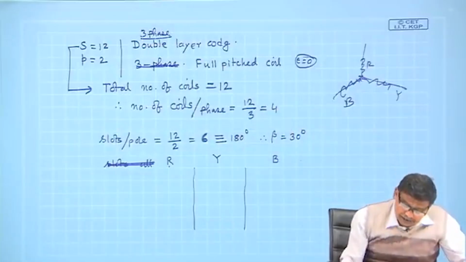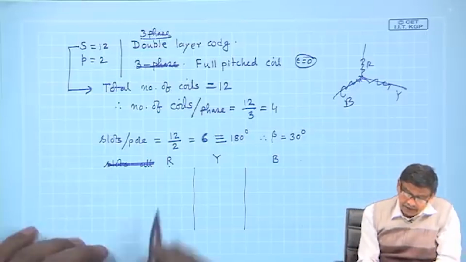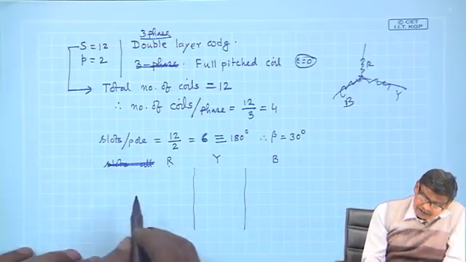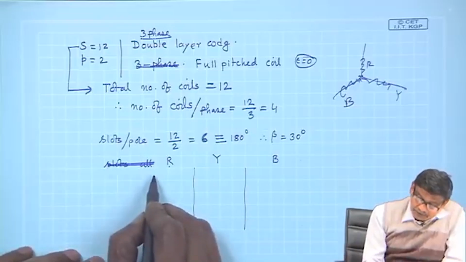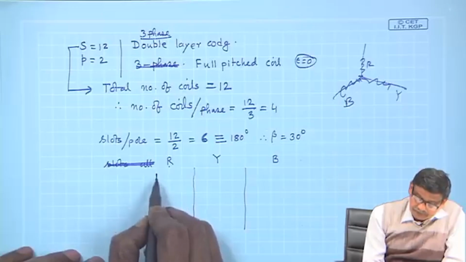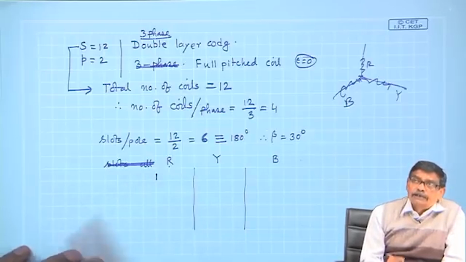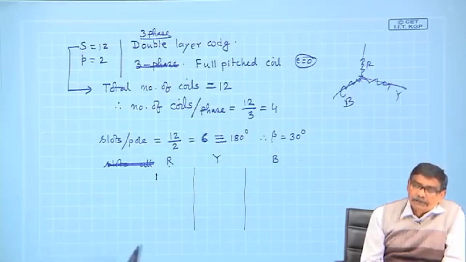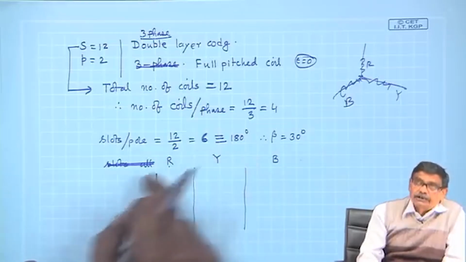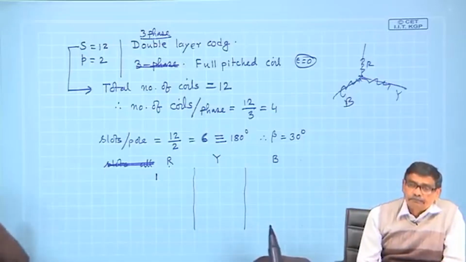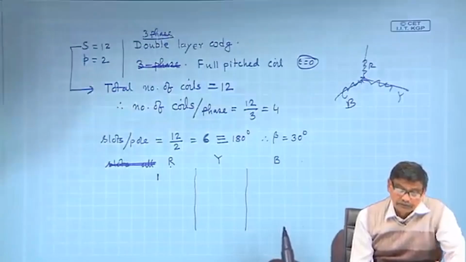Now, suppose I decide that I will start with R phase. R phase, I start with slot number 1. I put one coil side 1. What will be its return coil side? In which slot will this coil side return? 1 plus 6, 7. That is what I told you here.